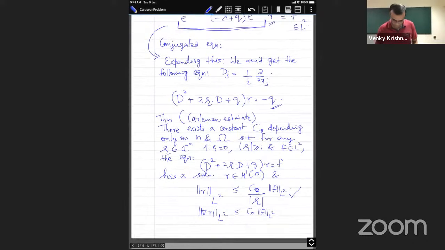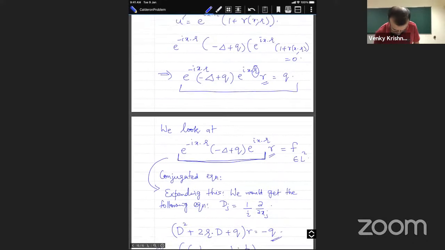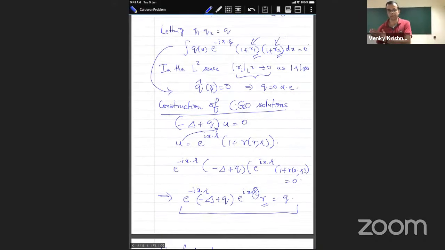Because of that, anything involving R1, R2 is going to decay. Those are not going to appear when you let mod zeta go to infinity. So therefore, you will actually show that the Fourier transform of Q is 0. And that shows the uniqueness.